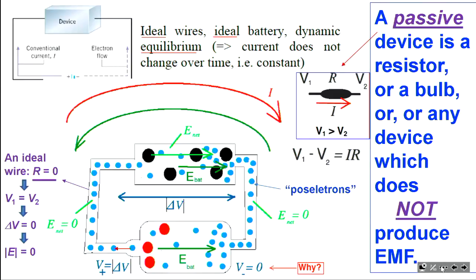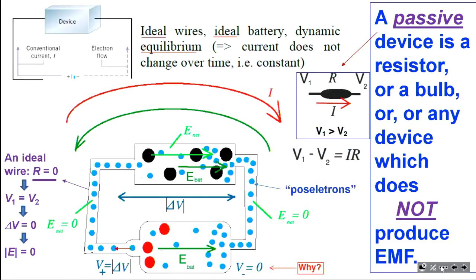Only when it encounters the resistance, it's like a rough patch with friction. Because of the resistance, it slows down, but now the electric field picks it up. Where do we get the electric field from? From potential difference, higher potential, lower potential.